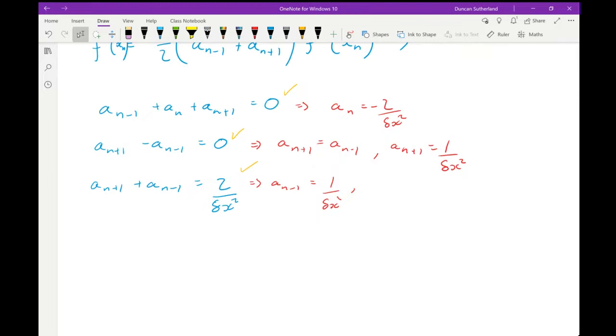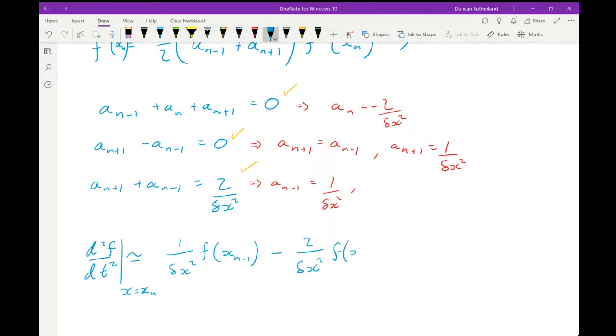So this is correct, and what we find is that our approximation, because remember this is what we're actually trying to approximate at x equals n, is approximately equal to this coefficient, 1 on delta x squared, minus this times f at x n minus 1, minus 2 delta x squared, like so, and the other one, our final coefficient, like this.